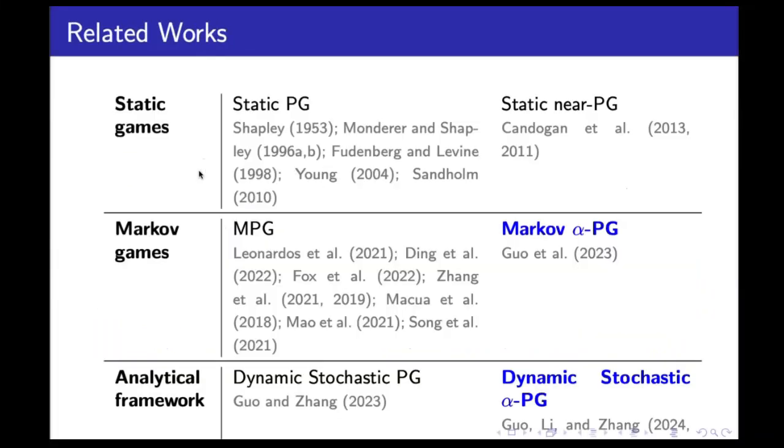Here is an overview of the literature and the position of our research. Starting from the last century, people have worked on the static potential game, and there is some more recent work on the static near potential game, where they also allow these sorts of gaps. They show that in repeated static games, there are algorithms that converge to a Nash equilibrium with an error like alpha. More recent multi-agent reinforcement learning works are in the setting of macro potential games, with a focus on the convergence analysis of the algorithms.